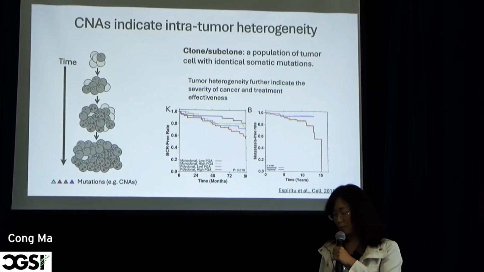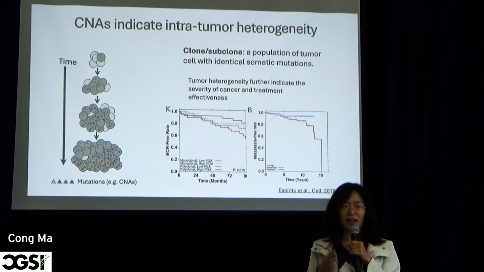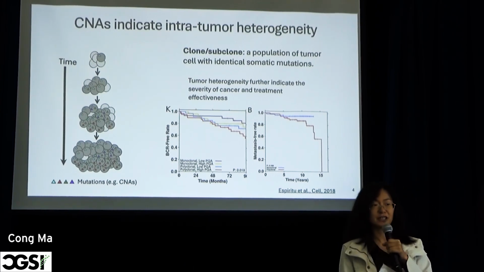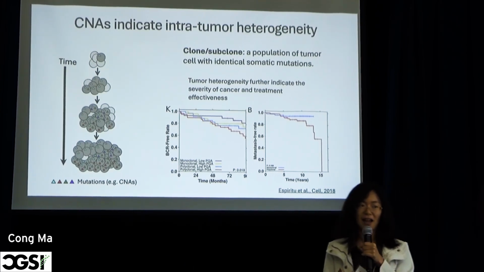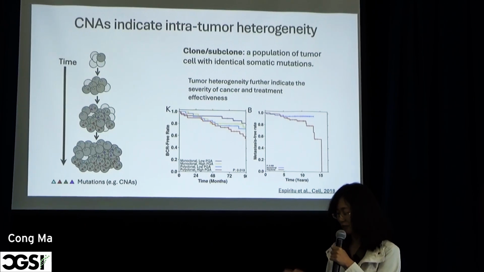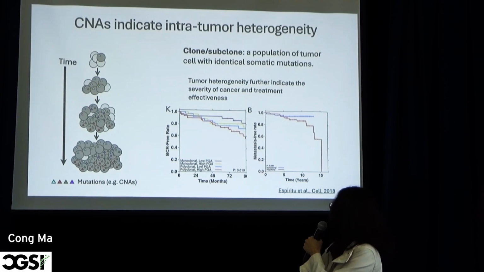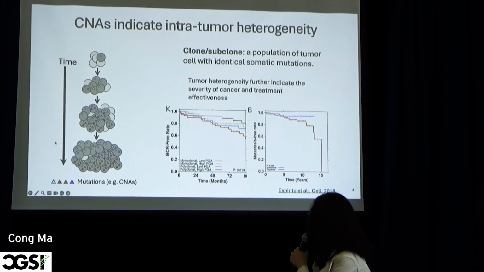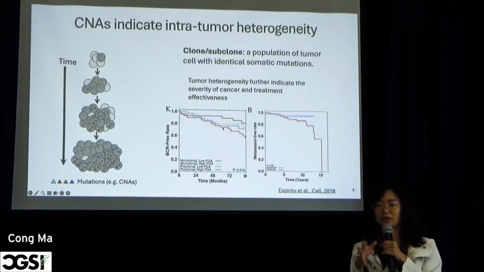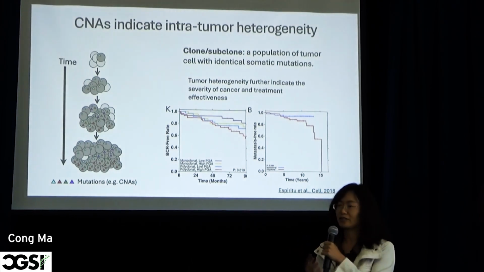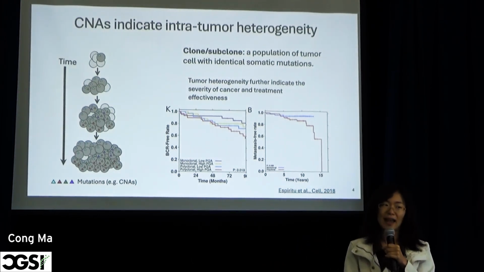It's important to know about intratumor heterogeneity. Tumors like to have a lot of genetic diversity. It benefits the tumor, and is bad for patients. Previous studies show that if you have multiple different clones in the tumor, it's very likely that once treated, it will relapse.